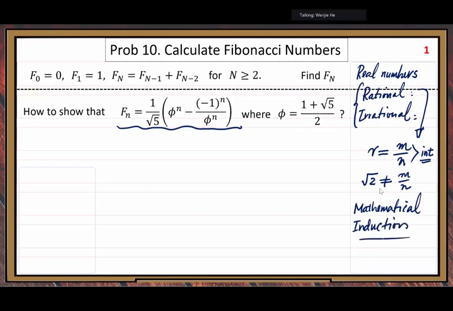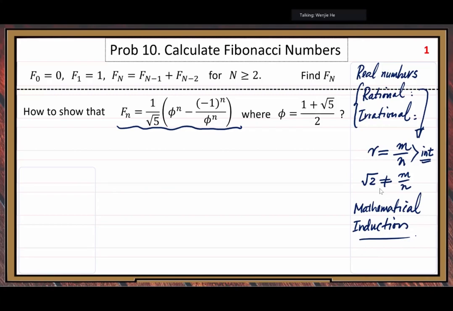All right. Based on mathematical induction, there are 3 standard steps we need to follow in order to apply it. The first step, verify the base cases. Verify that this formula is correct for these 2 base cases.